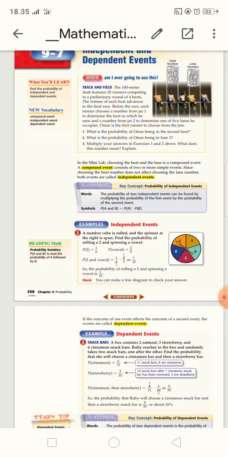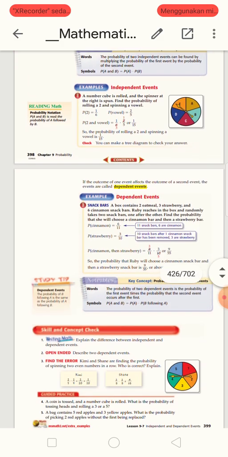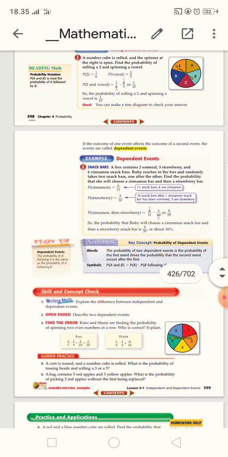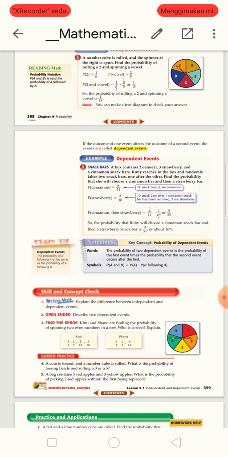You can make a tree diagram to check your answer. If the outcome of one event affects the outcome of a second event, the events are called dependent events. Example: dependent events. Snack bar.